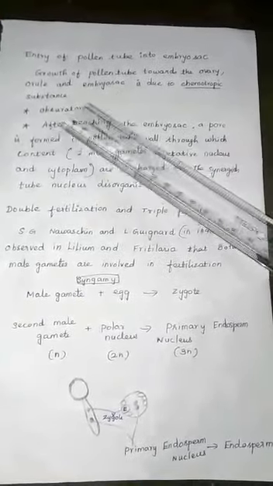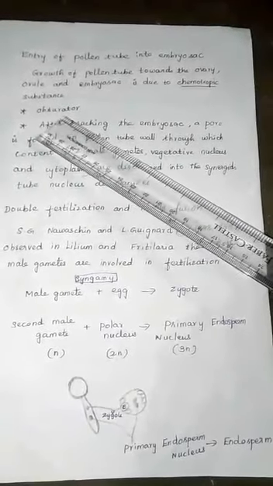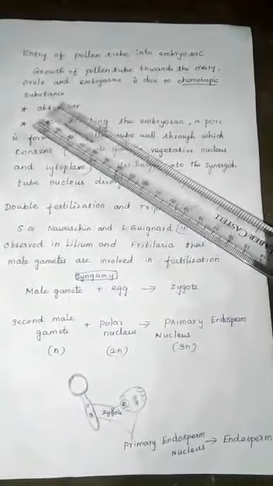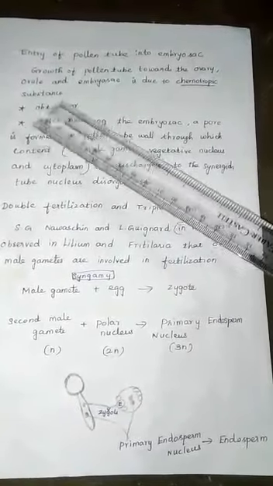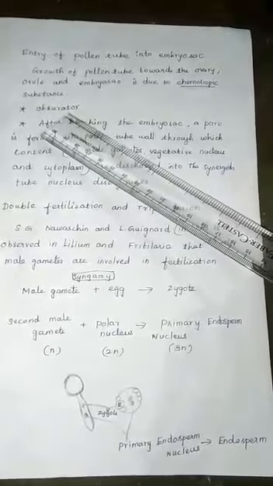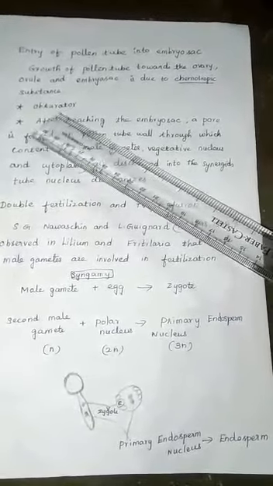One structure that is very important for the entry of the pollen tube into the synergid is the obturator. It is a structure which guides the pollen tube towards the micropyle of the ovule.